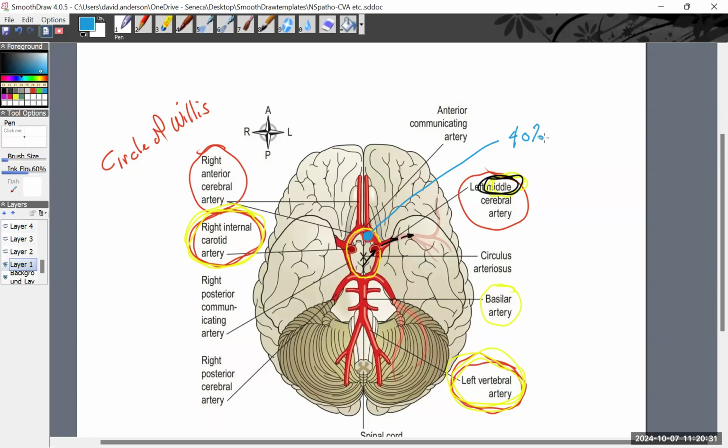Another relatively common location is off of the middle cerebral artery. So we would have, let's make sure I stay with my color, and we'll just keep the blood vessel membrane there for now. So that's a little less common, but almost equally as common. So you would have this one as 1.